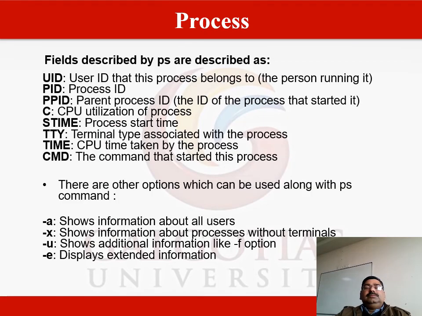These are some attributes which we have discussed. UID is the user ID, PID is the process ID, PPID is the parent process ID, and C is the CPU utilization of the process. STIME is the process start time, TTY is the terminal type associated with this process, TIME is the CPU time taken by the process, and CMD is the command that started this process.